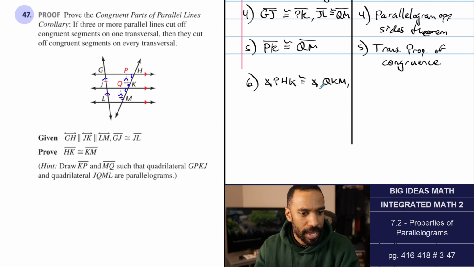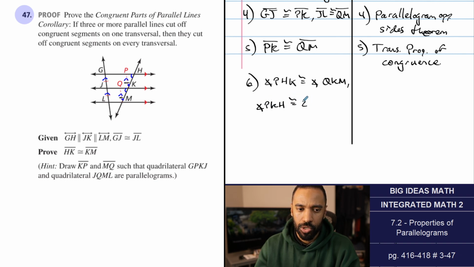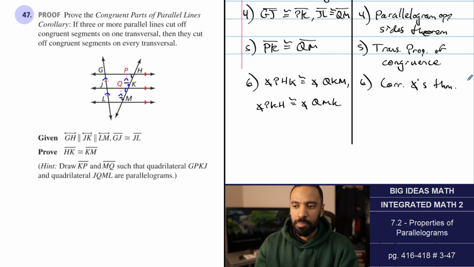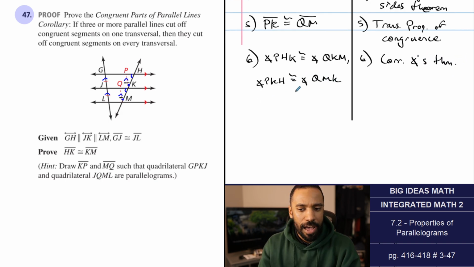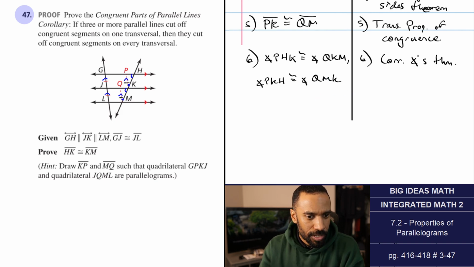PHK is congruent to QKM, and then, whoops, not a different step, I'm just going to do this all in the same step. Angle PKH is congruent to angle QMK. This is the corresponding angles theorem. Because I have all of this, I now have congruent triangles in here.